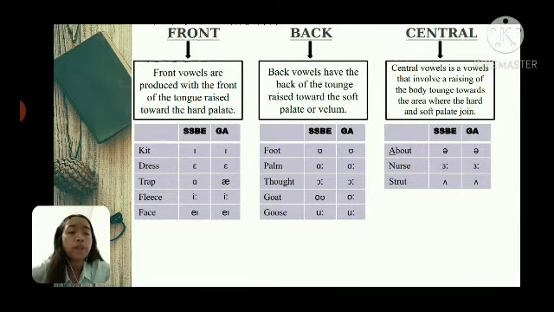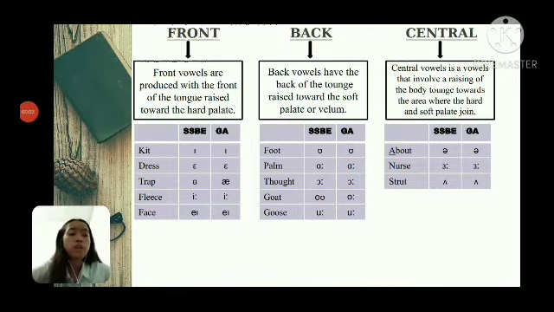For example, when you say the word foot, palm, tough, goat, or goose, you can feel that your tongue is raised toward the soft palate or velum, with the vowel U in the word foot, in the word palm, and the others.